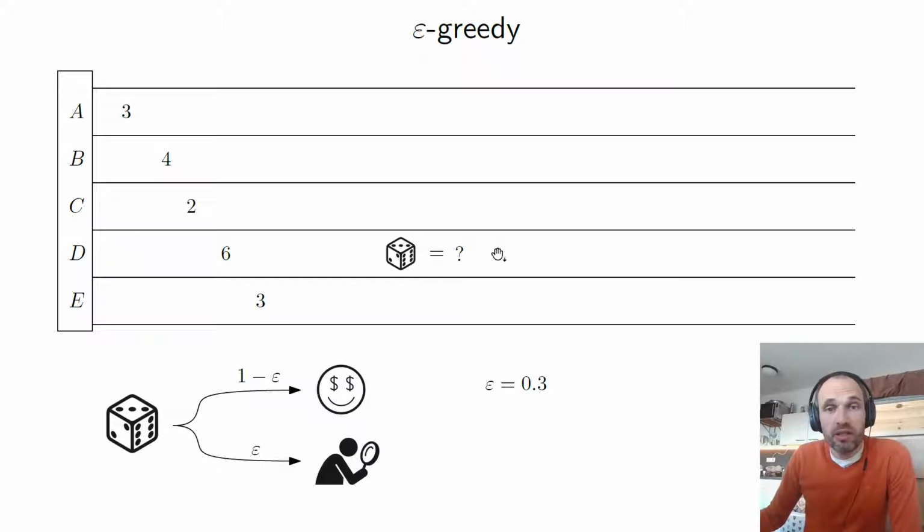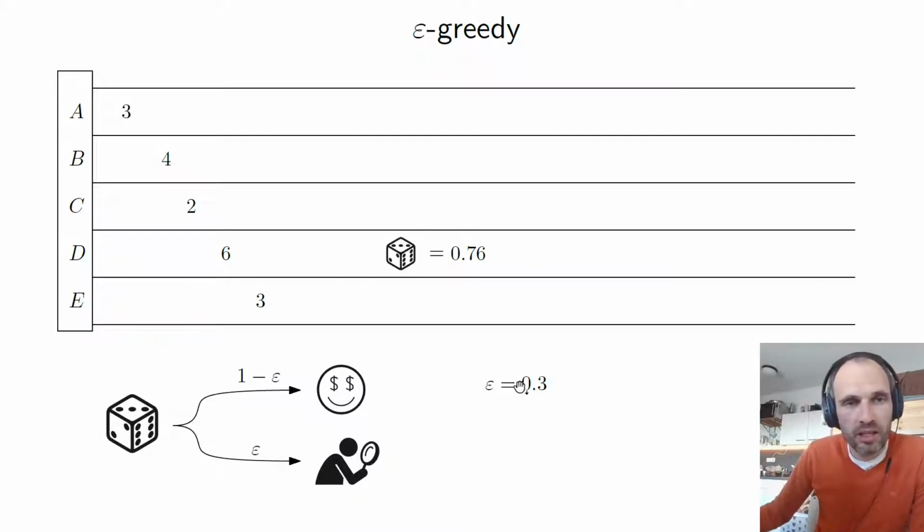Okay, now I give the answer, and it's 0.76. I hope you got the same. So in case that you take the greedy option, that would be in 70% of the cases, you would take option D anyway. And in case that you take an exploration, that would be with 30% of the cases.